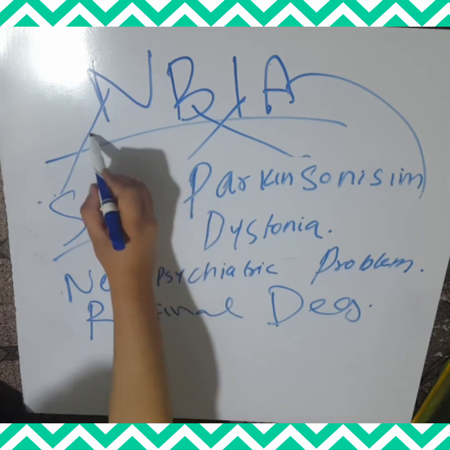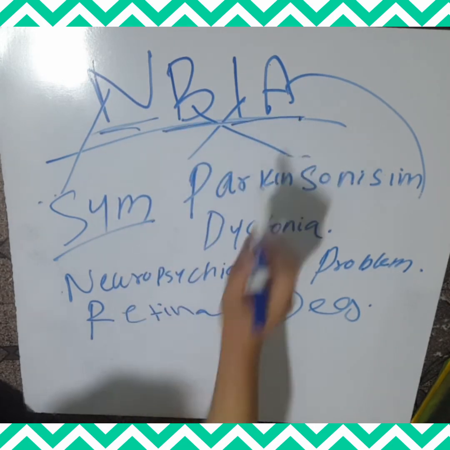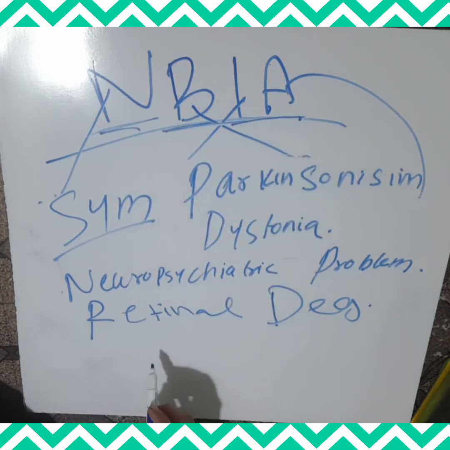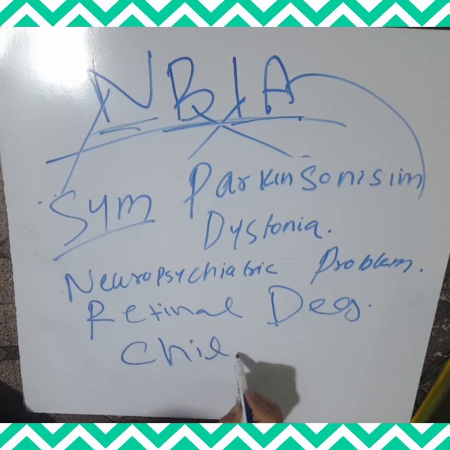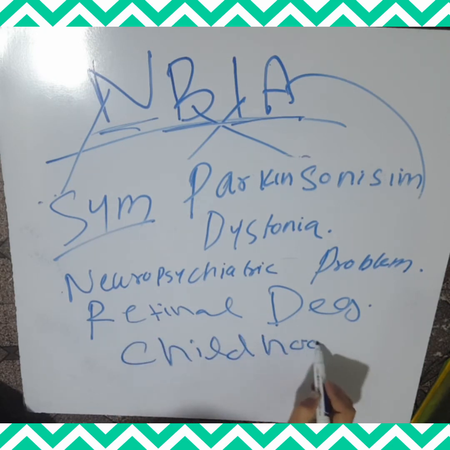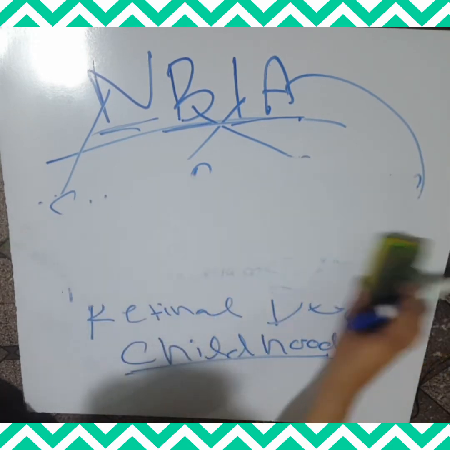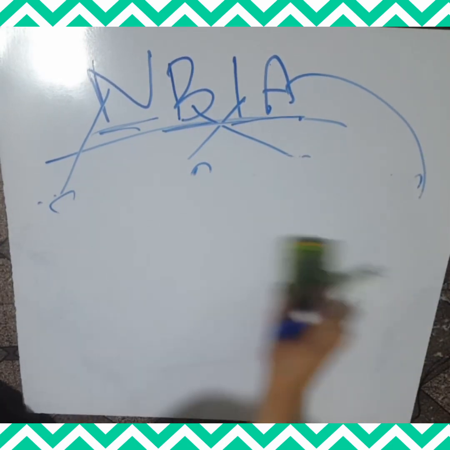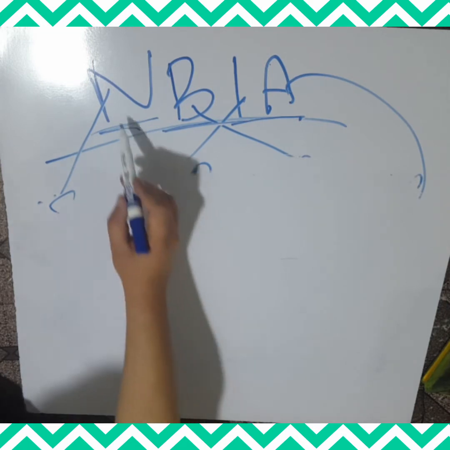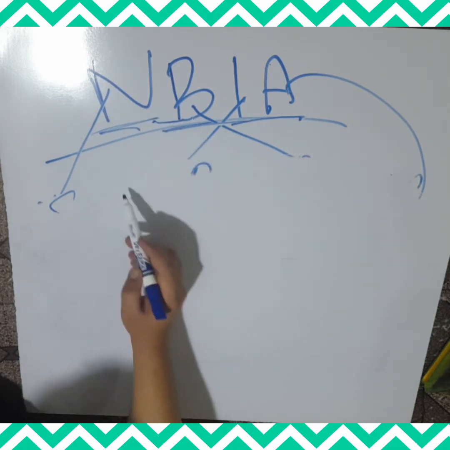Neurodegenerative brain iron accumulation is usually present in childhood. It is a genetic disorder.